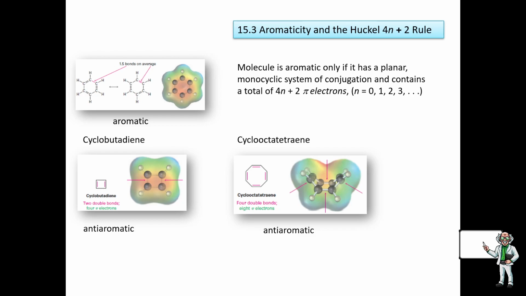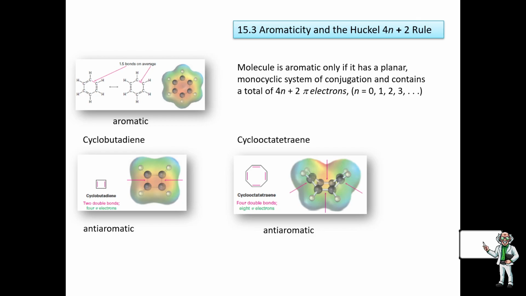And the number of electrons in this p system, the number of electrons in p orbitals, must be 4n plus 2, following the series 4n plus 2. That means, where n is a natural number, 2 electrons, or 6 electrons, or 10 electrons, or 14 electrons. Following these rules, we can check these 2 compounds that look aromatic, cyclobutadiene and cyclooctatetraene.